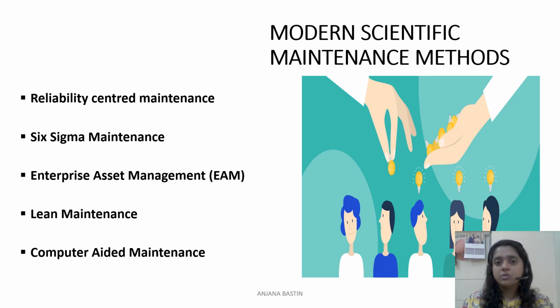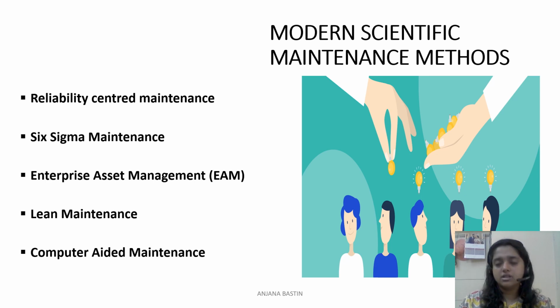We have to ensure that the waste which is generated is classified into 7 different types. We would learn about each type in the next part of this unit. So when you classify the waste into 7 different types and you try to find ways of reducing or eliminating such waste, we call it lean maintenance.